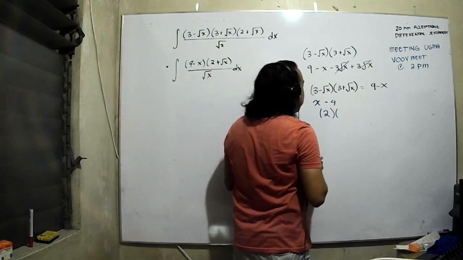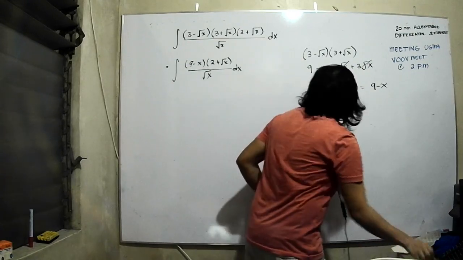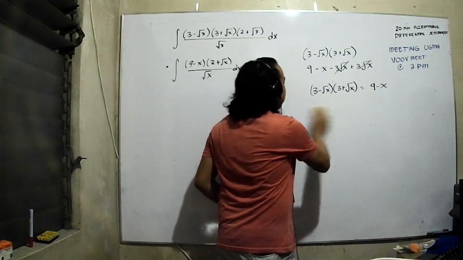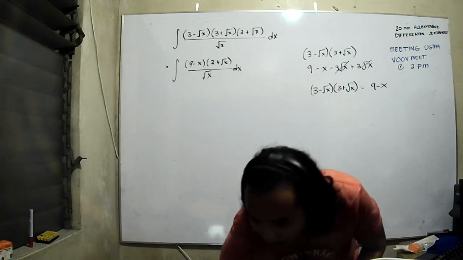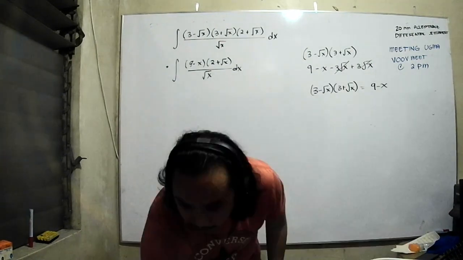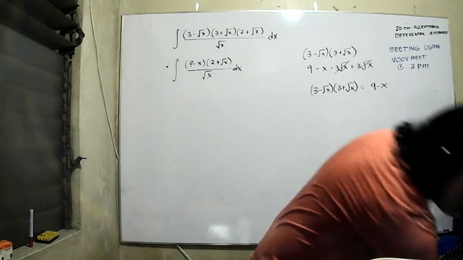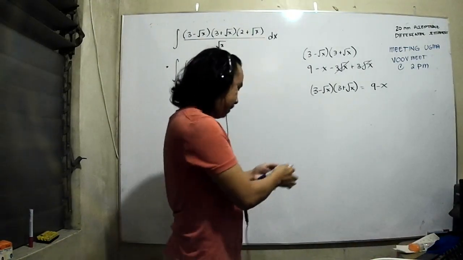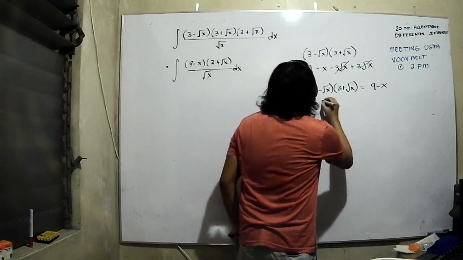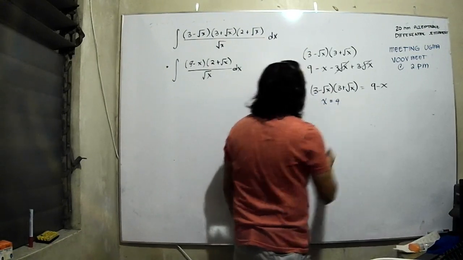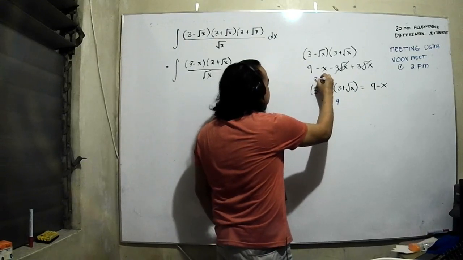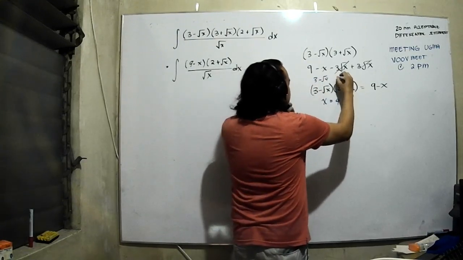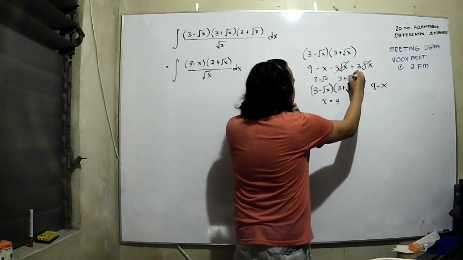Sorry, that's not a very good number here. Okay, my mistake. X is equal to 4, right? So this is 3 minus square root of 4, and this is 3 plus square root of 4.